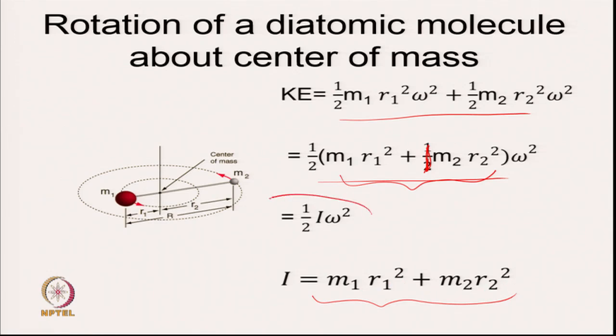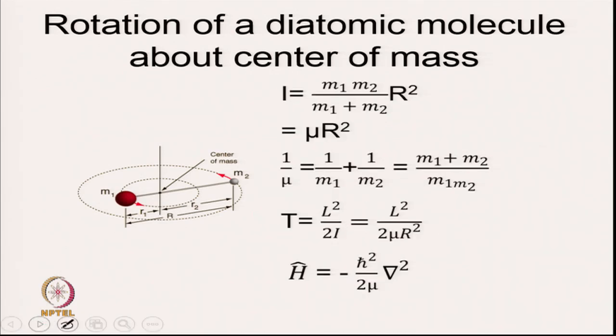So, we can write kinetic energy equal to half I omega square, where I is equal to M1 M2 divided by M1 plus M2 into R square.